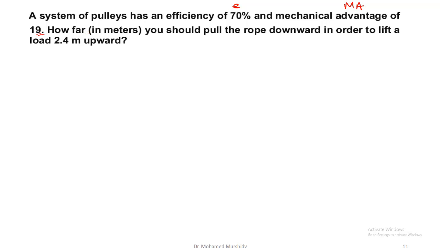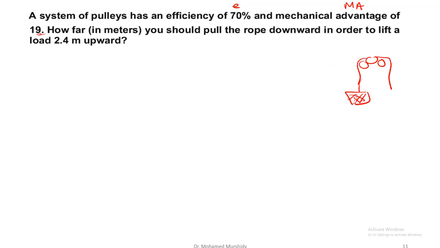How far? He's asking about the distance in meters that you should pull the rope downwards in order to lift the load 2.4 meter upward. We are using a system of pulleys, not one. We have many of these pulleys, in some way, and we have a rope here and there.